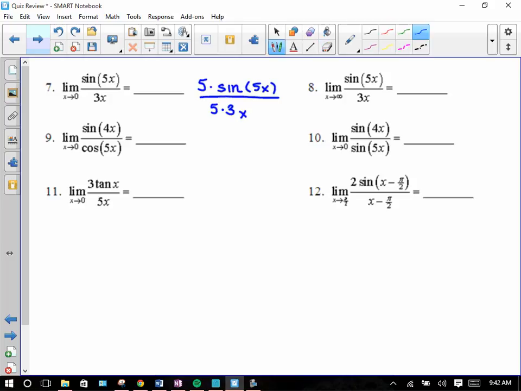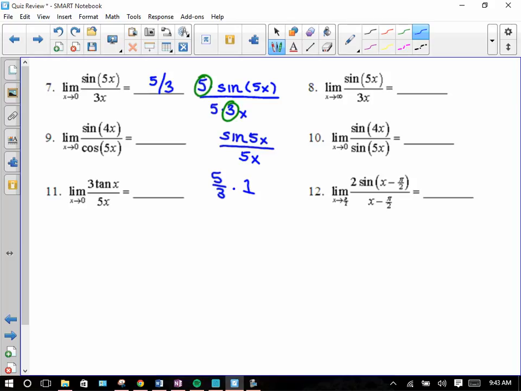All I do at that point is take the 5 and the 3, that 5/3, and pull them out. Because I pull the 5 and 3 out, that leaves me with sine 5x divided by 5x. The limit of that is what? 1. So I have 5/3 times 1, which is equal to 5/3.